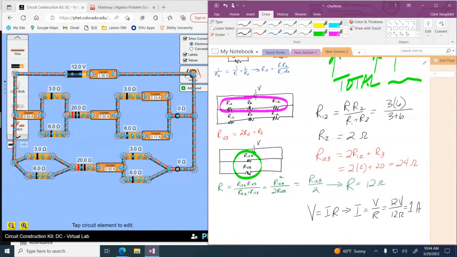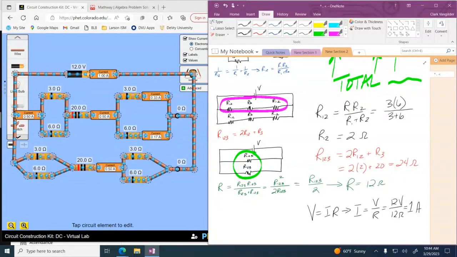So that's a good thing. It's always good when the professor gets it right. And of course it was set up and tested in advance, but it's simple math. This is algebra and circuit analysis.